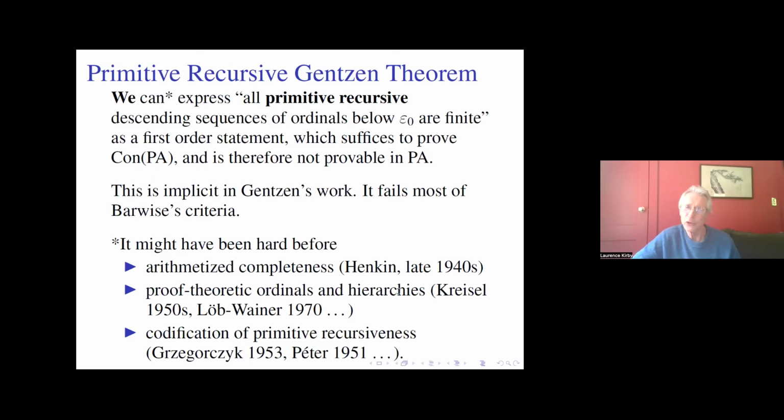Again, some of you might understand this more than me, but it seemed that at least before Henkin's arithmetization methods in the 40s, which not so much the arithmetized completeness theorem itself, but its methods, that might not have been obvious, that we can express that.